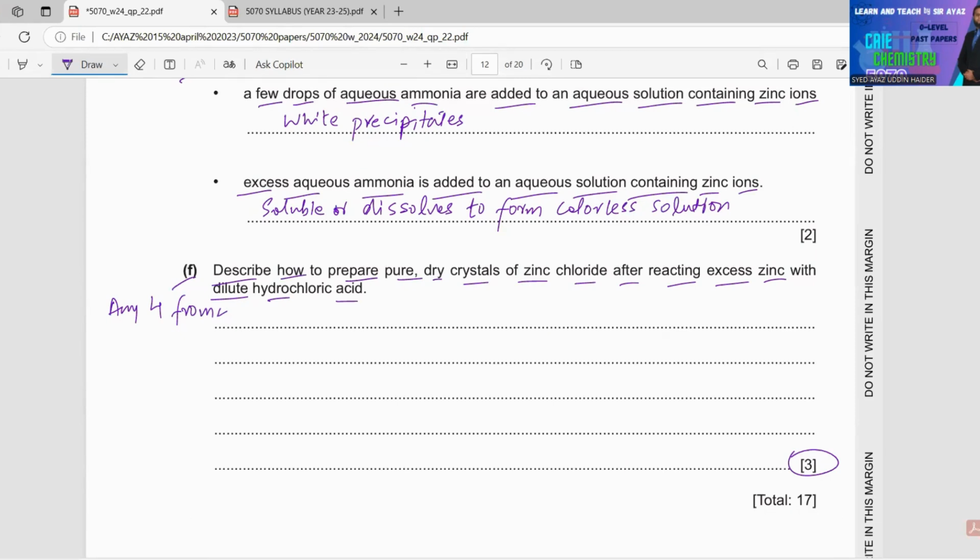Definitely you have excess of zinc in hydrochloric acid, so you have to remove excess or unreacted zinc. So first of all, you need to filter. Next point, wash the residue with distilled water.